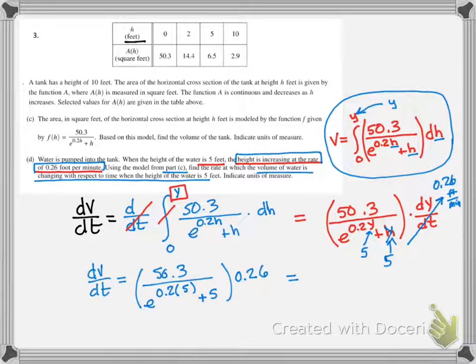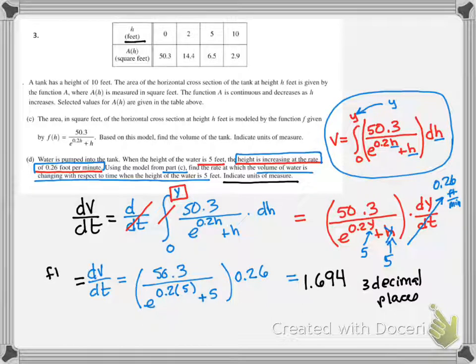And we're going to get an answer of 1.694, remembering to round to 3 decimal places always. Now we go back and look. Oh, indicate units of measure. So we were asked for a change in volume, and our volume was feet cubed, and our time is minutes. So that's what we would write for our units.